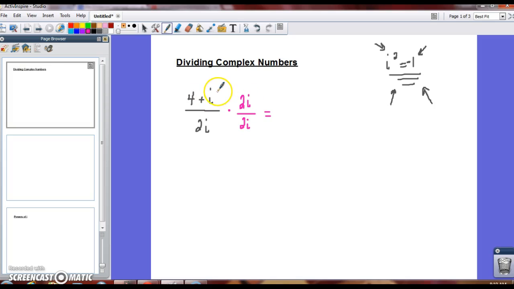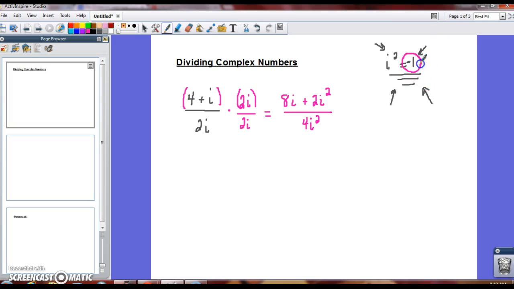So when I multiply my numerators, I'm multiplying a monomial, which is this 2i, by this binomial, so I just have to distribute. 2i times 4 is 8i. 2i times i is 2i squared. That's important. Okay, in the denominator you're just multiplying these together and you end up with 4i squared.